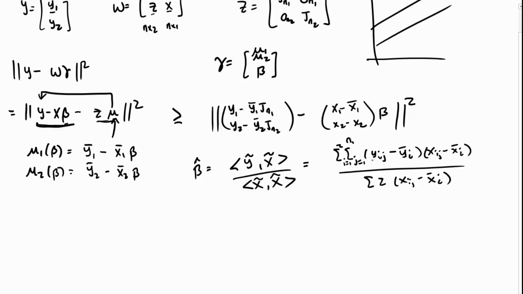So y_ij is the jth component of, let's say, y11 is the first component of the vector y1, y12 is the second component of vector y1, y21 is the first component of vector y2, and so on.